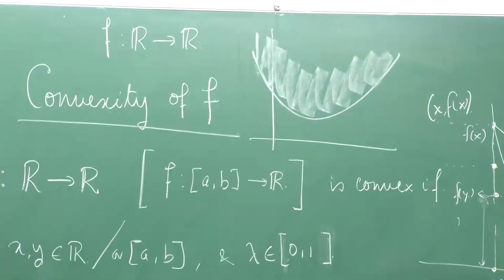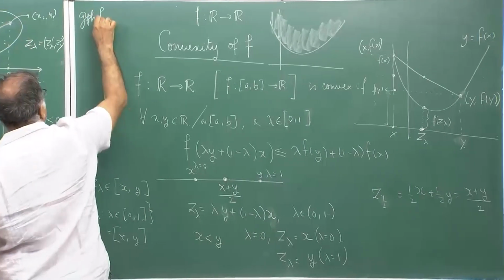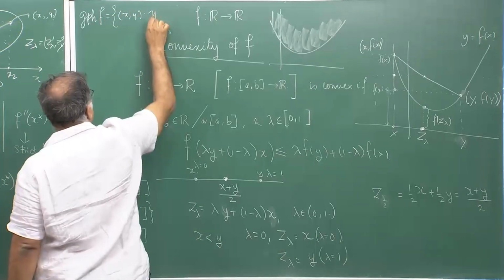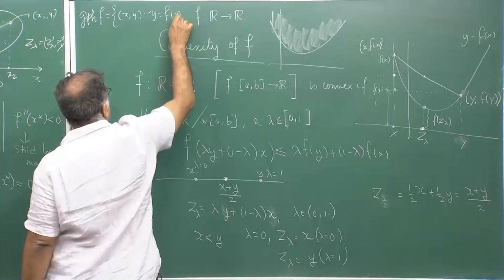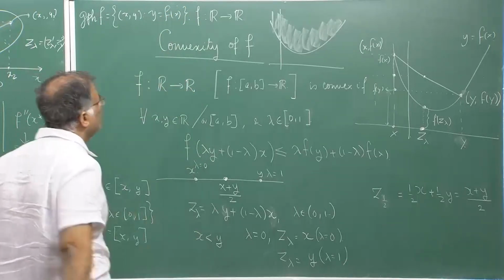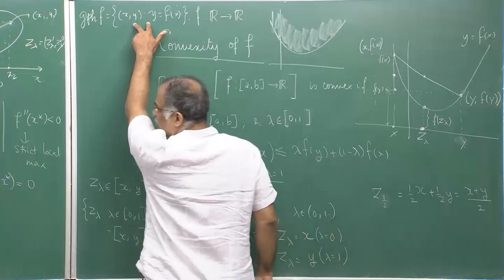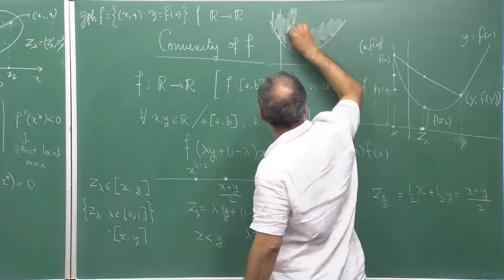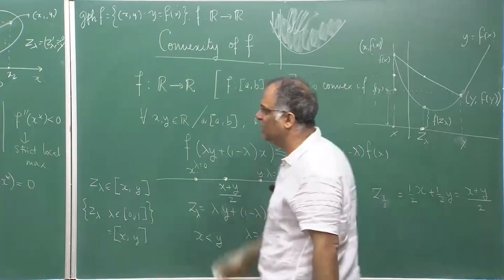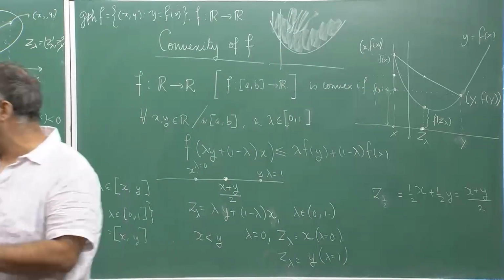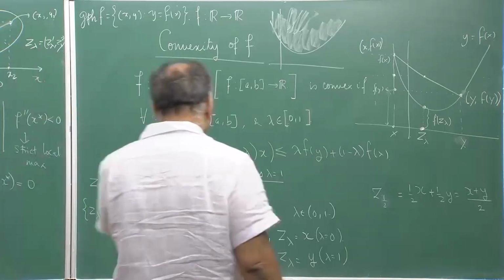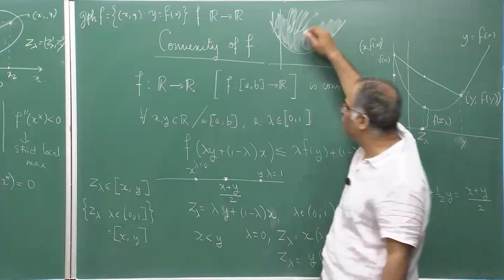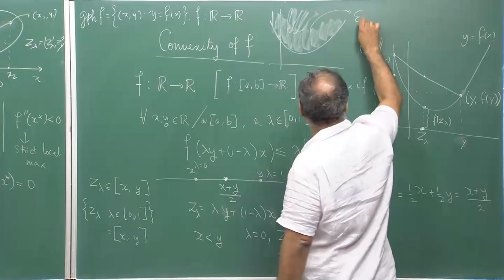The graph of a function f is the set of all coordinates x, y such that y is f of x. This is now in 2 dimensions, in R cross R, the Cartesian plane. If you shade this part and check whether this is a convex set, then you can immediately guarantee that the function is a convex function, and this definition exactly tells you this. Anything above the graph is called the epigraph.